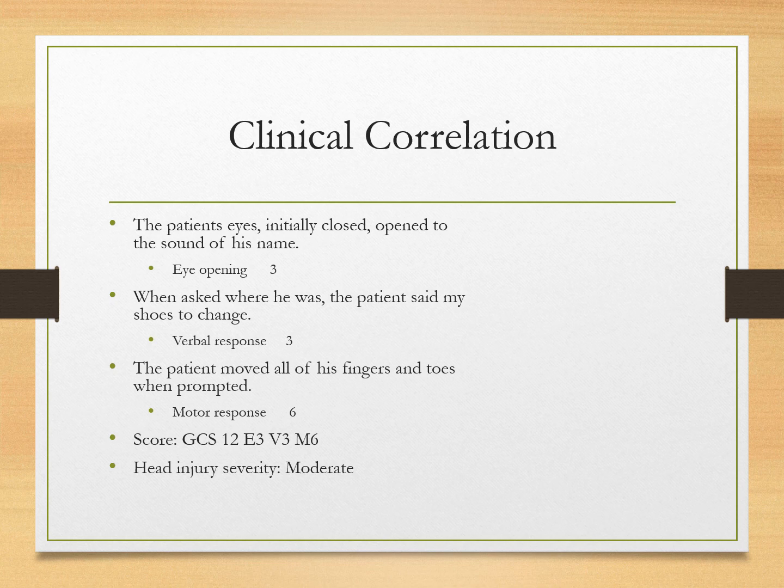If you get something other than a GCS of 3 or a GCS of 15, you must write it out as a GCS score with the values of an E number, V number, M number, so we can determine which areas have been altered. With a score of 12, his head injury severity is labeled as moderate. Anything from a 9 to a 12 is moderate.